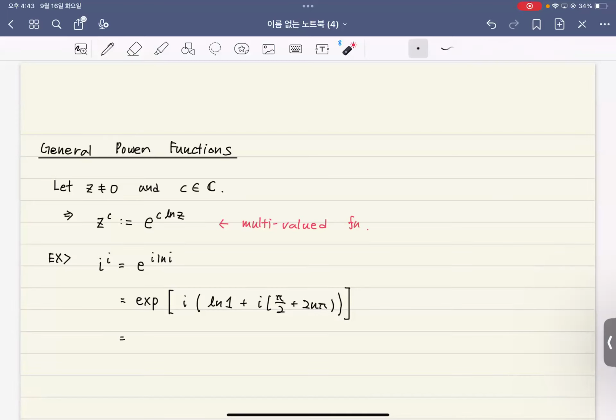And what is this? The real part is 0, and i times i is minus 1. So this is exponential of minus (pi over 2 plus 2 n pi), where n is an integer. Wow, interesting. So I take an imaginary number to the power of an imaginary number, and suddenly it happens to be some real number. Okay, interesting.